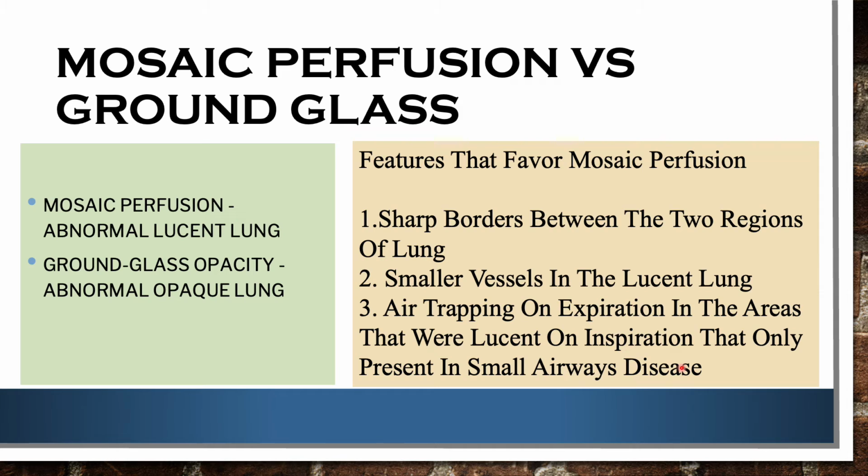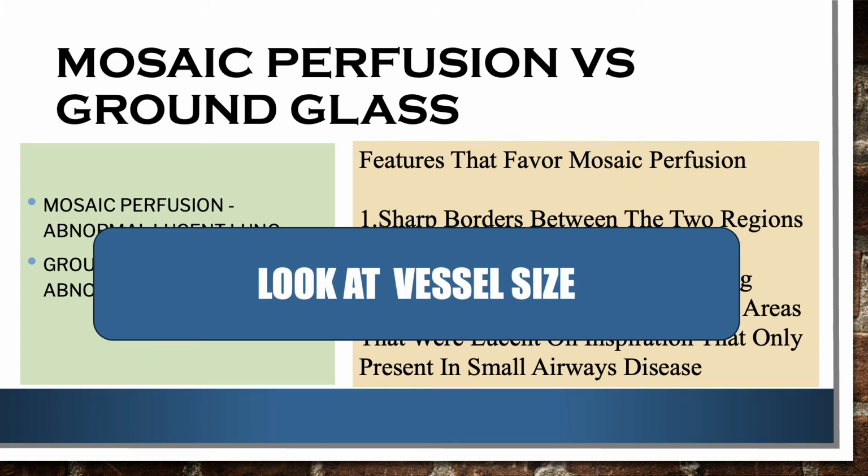If you're confused, please don't be, because I will clarify this third point later. Essentially, what I want you to understand is that mosaic perfusion has sharp borders, lucent black areas, and remember that smaller vessels in the mosaic perfused part.